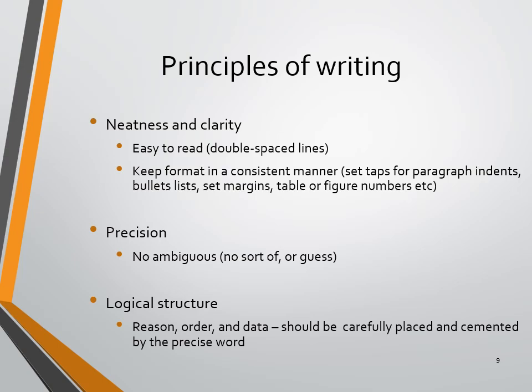You have to write American Library Association, then parenthesis ALA, close parenthesis, and then you can use ALA for the rest of the paper. Don't use the short version first, assuming that your readers don't know anything about your field or your subject.